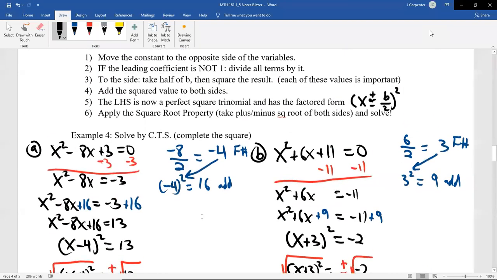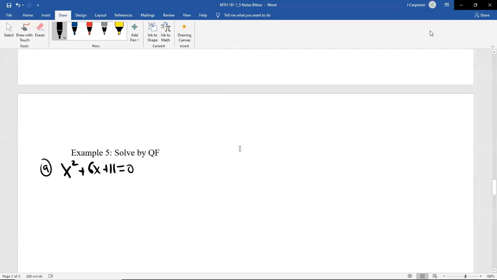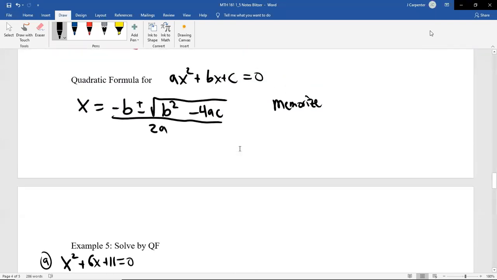The point was I'm doing B again, in case you didn't pick that up. I didn't mean to write 1. I have bad eyes. X squared plus 6x plus 11 equals 0.